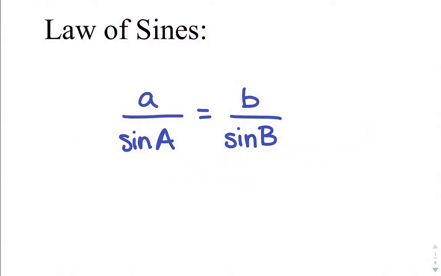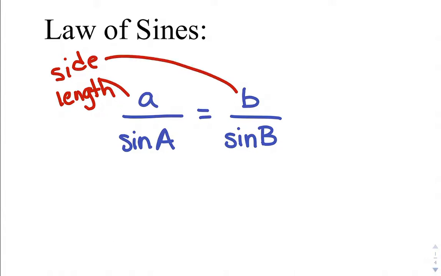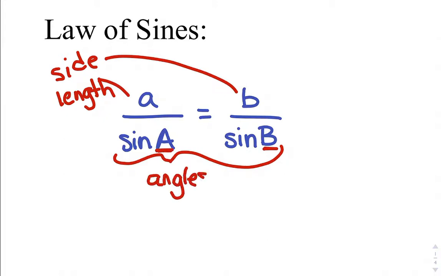Now, your top are your side lengths. So A is a side length, and so is B. Sine A and sine B, well, A and B are both angles. For the law of sines, you actually do not need a right triangle.